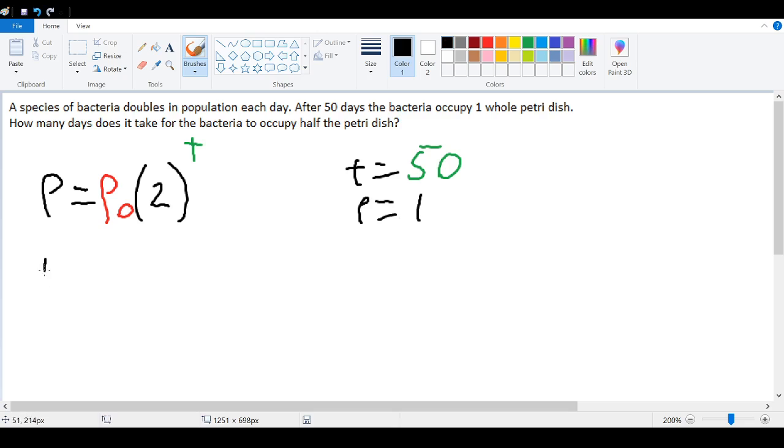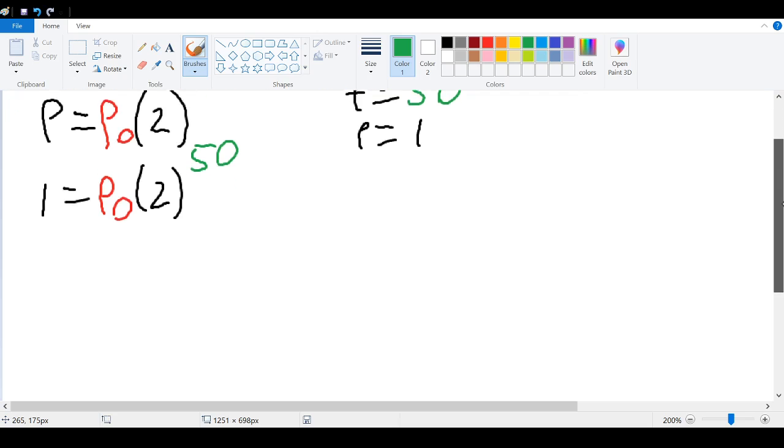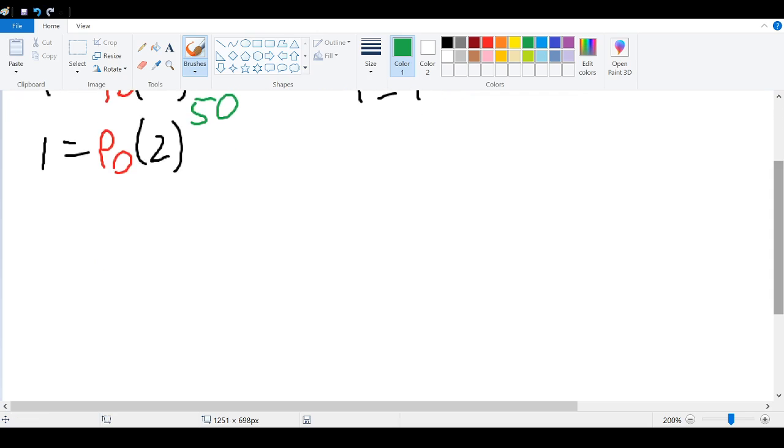We know that 1 is equal to rho naught times 2 to the 50th power. All right, and now we can solve for rho naught with this. We can say that rho naught is equal to 1 over 2 to the 50th.